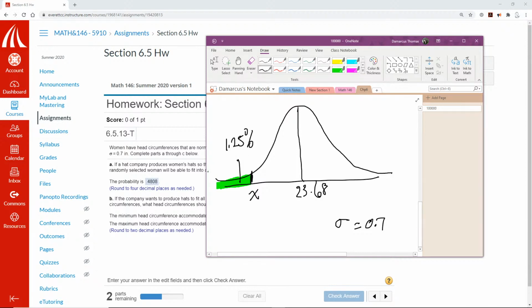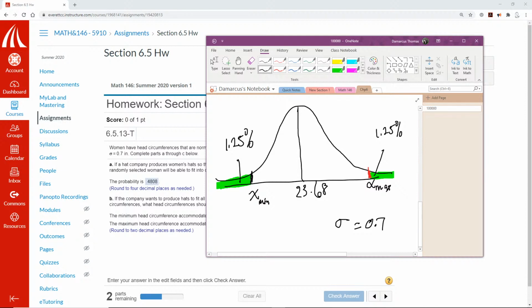Tiny, tiny region. Here's another one. And another one. I'll call this X min. I'll call this X max.